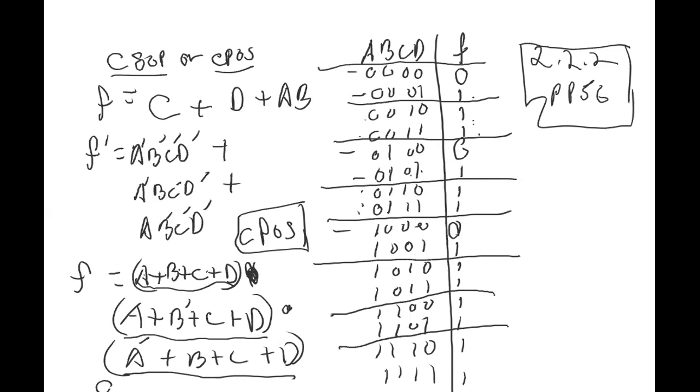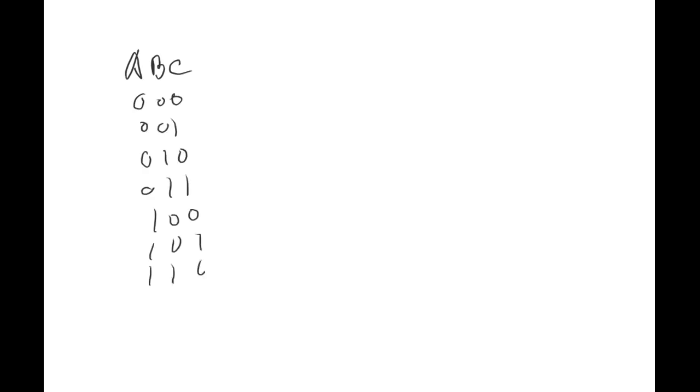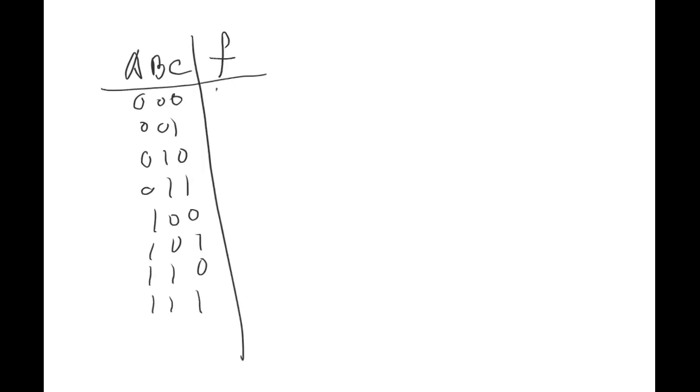But we can do one that has a fewer number. Let's try this, ABC, F. 0, 1, 2, 3, 4, 5, 6, 7.